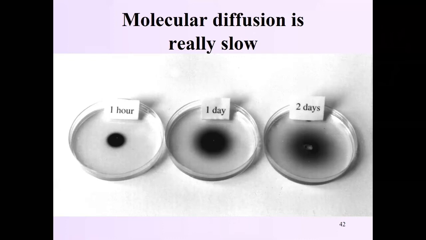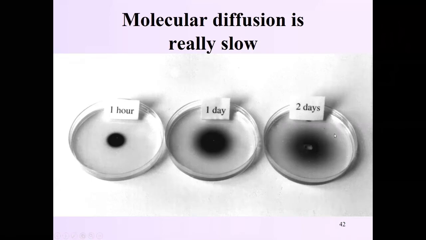At our scales, we're basically saying, okay, this is what it's like in a very viscous world. I put a little dot of dye in the center of this and let it go for an hour. You can see it kind of cut out a hole there. A day later, it didn't go out that far. By 2 days, it's getting to the edge, but it takes 2 days.